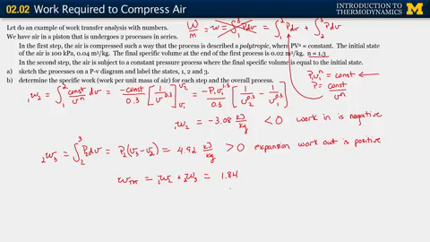So we have a net work out of the system in kilojoules per kilogram units. So net work out. So we've learned a lot in this process, and some of it's implicit and some of it's explicit. We've used our sign convention. That's great. We've used our definition of expansion and compression work.